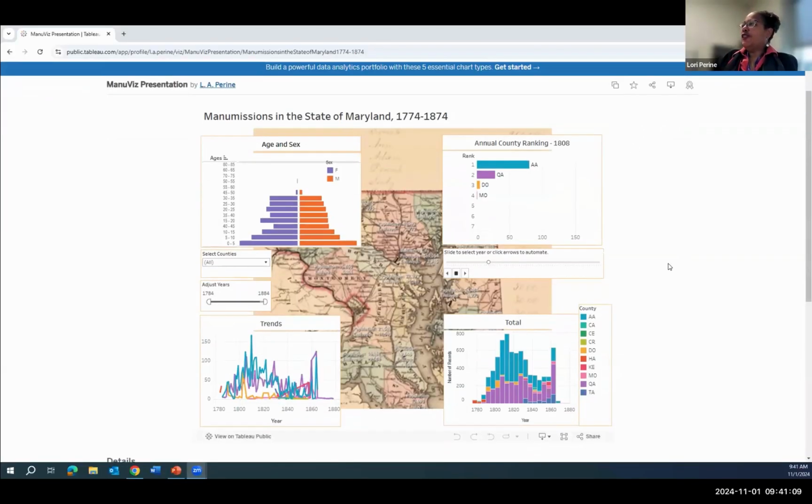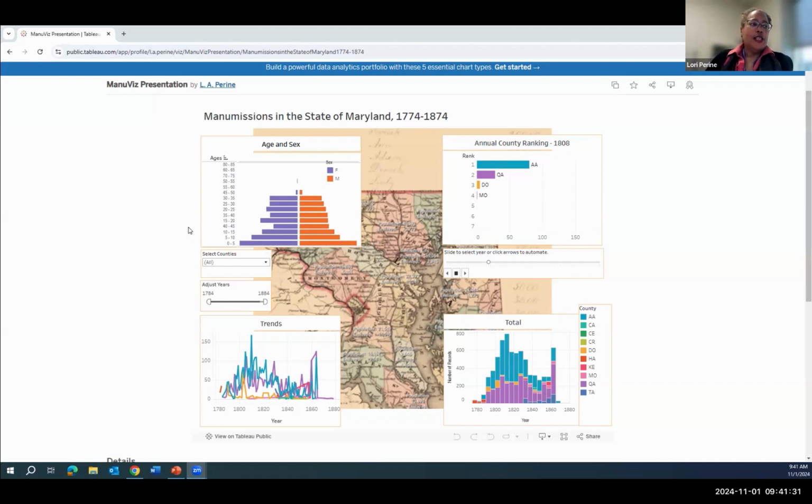Okay. So this is the dashboard as it exists. And you're welcome to begin playing around with it. I'm going to manipulate a few things on the dashboard here. I do have slides that say basically the same thing that I'm saying, and so we'll make sure you have those.